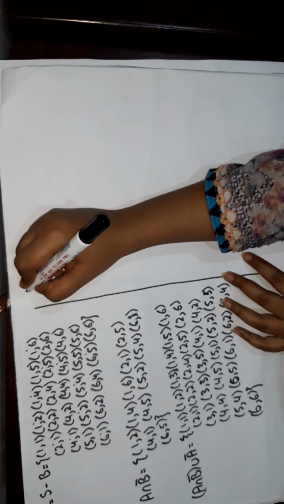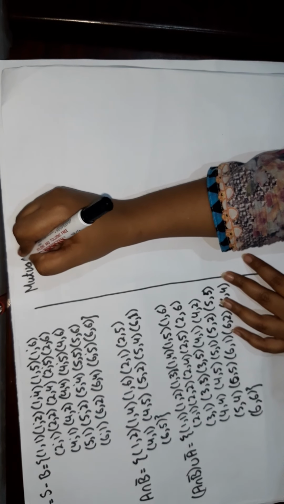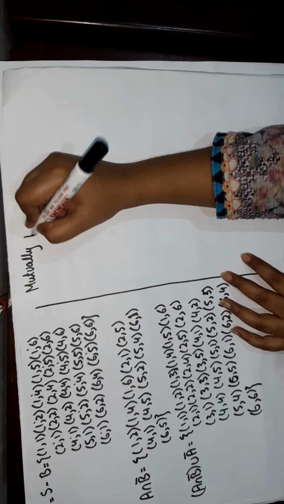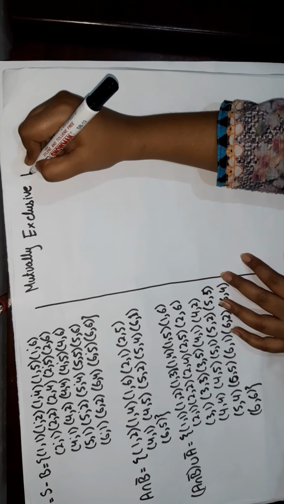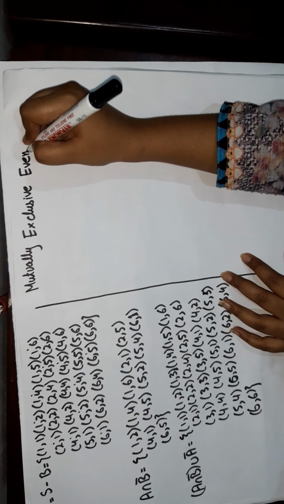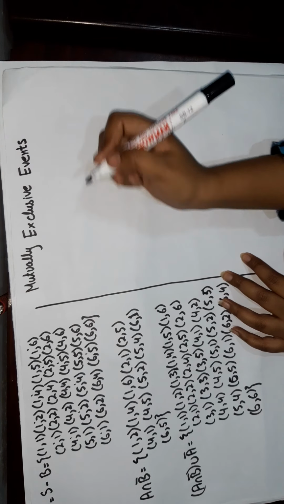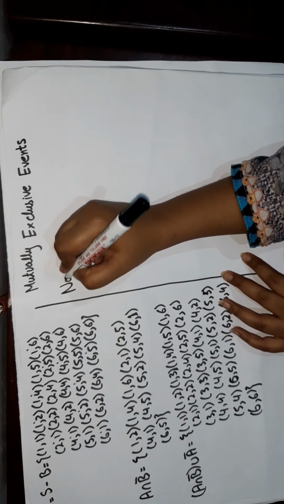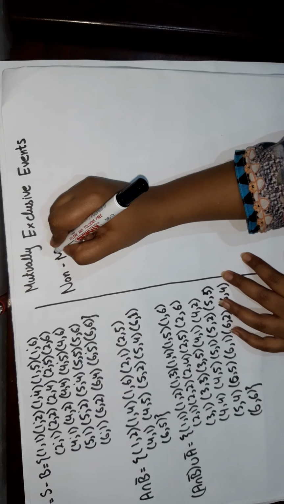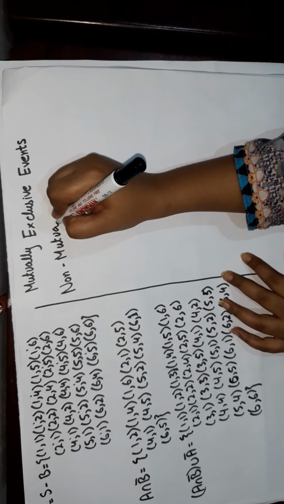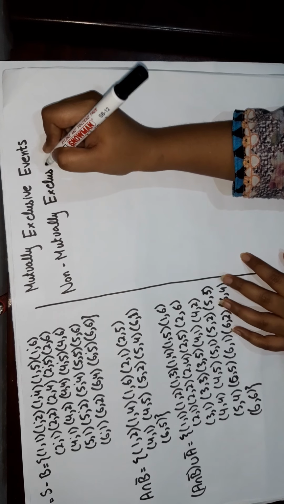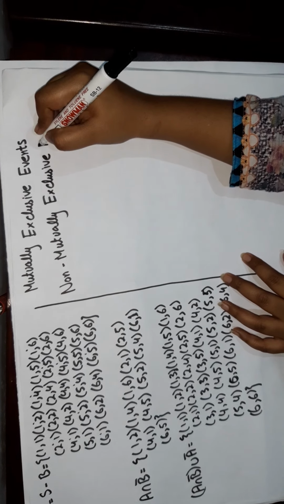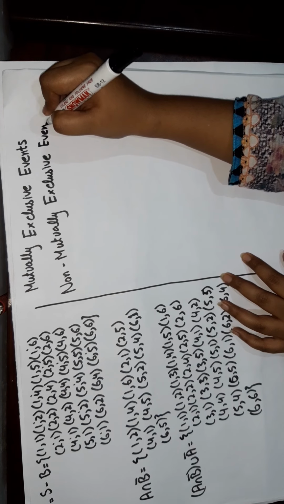We have studied events. So there are two main types of events. One type is mutually exclusive events and the other type is non-mutually exclusive events.